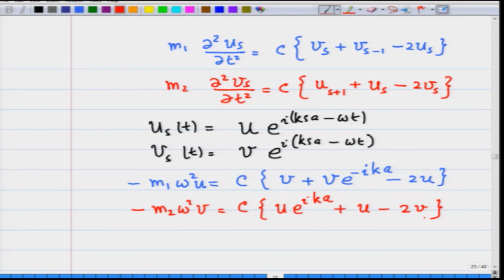These are the two equations that I need to solve to get the omega versus k graph.